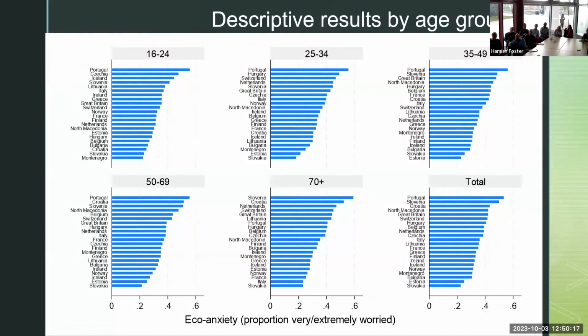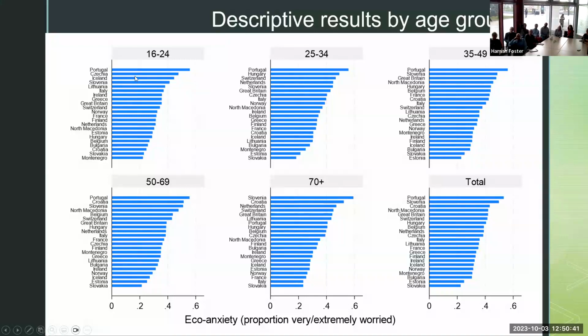One thing that stood out was Iceland. It's quite high up amongst young people. In Iceland, younger people seem to be more worried, but amongst older people they don't seem to be as worried.